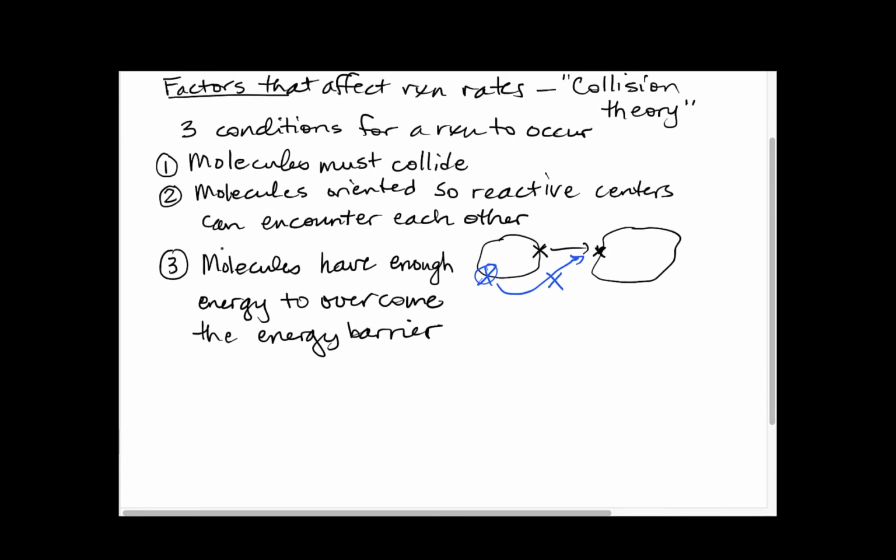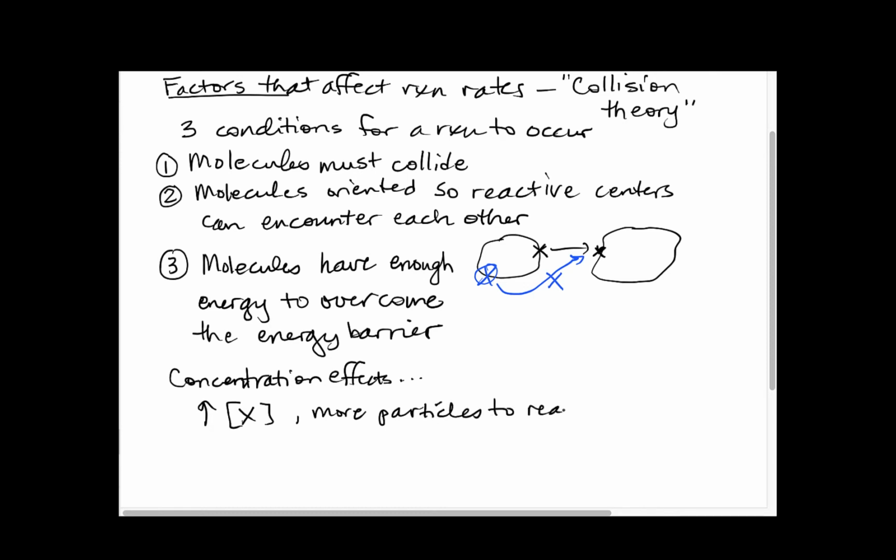So we already talked a little bit about concentration, right? If we think about concentration effects, if I increase the concentration of my reagent, then there's more particles that are available to react. And so it seems like that first requirement, that the molecules must collide, is going to be easier to meet.